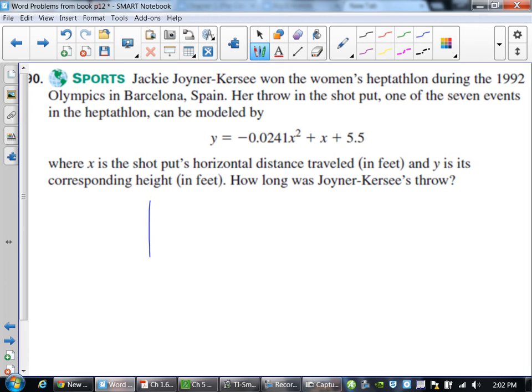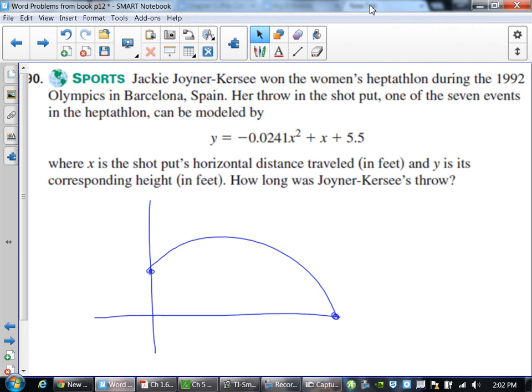It's starting here, and it's going out to here. Think about what we did yesterday. Will the axis of symmetry allow me to figure out that halfway point to double to get to how far it went? No, and the reason is because the parabola goes behind itself.